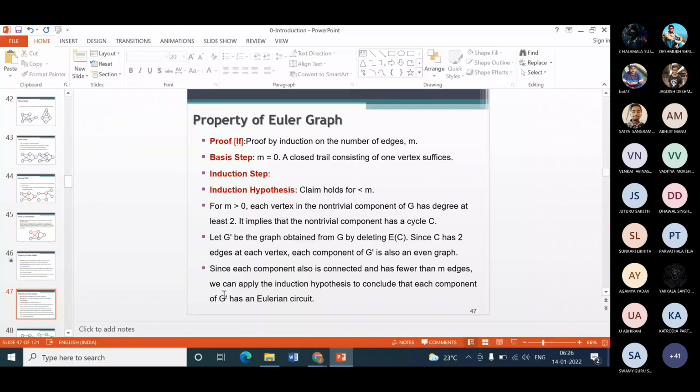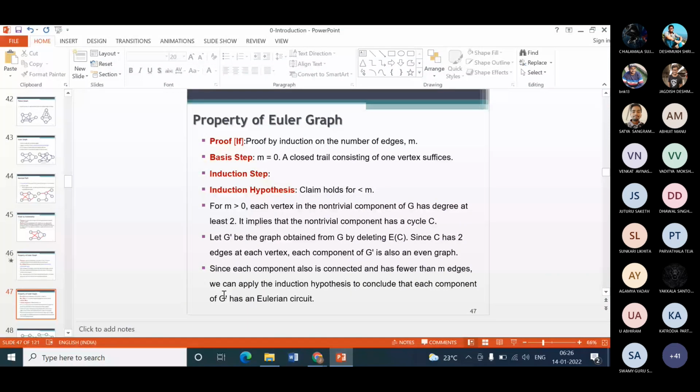But what do we have to prove? We have to prove that this graph G is Eulerian. In other words, how do we merge these cycles such that we get an Euler circuit? I will repeat. We are given a graph G where every vertex is even. From the previous theorem, we know that this graph has a cycle. So we remove that cycle first.